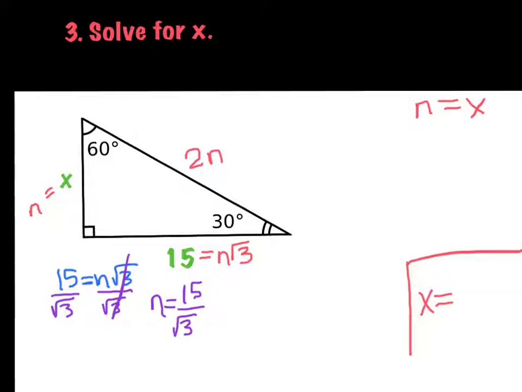So here's how you get rid of the square root of 3 in the denominator. It's called rationalizing the denominator.